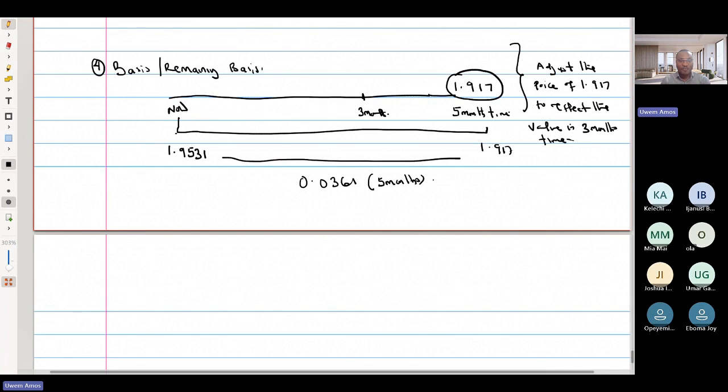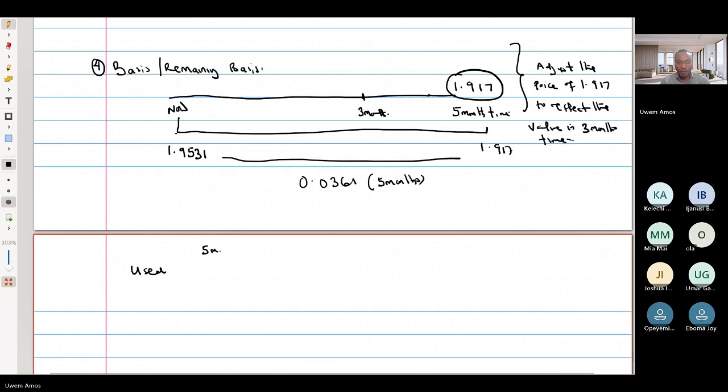So we have a 5 months contract. Out of the 5 months, we're going to make the payment in 3 months' time. So how many months do we have left after we have made our payment that will be unused or outstanding? 2 months.